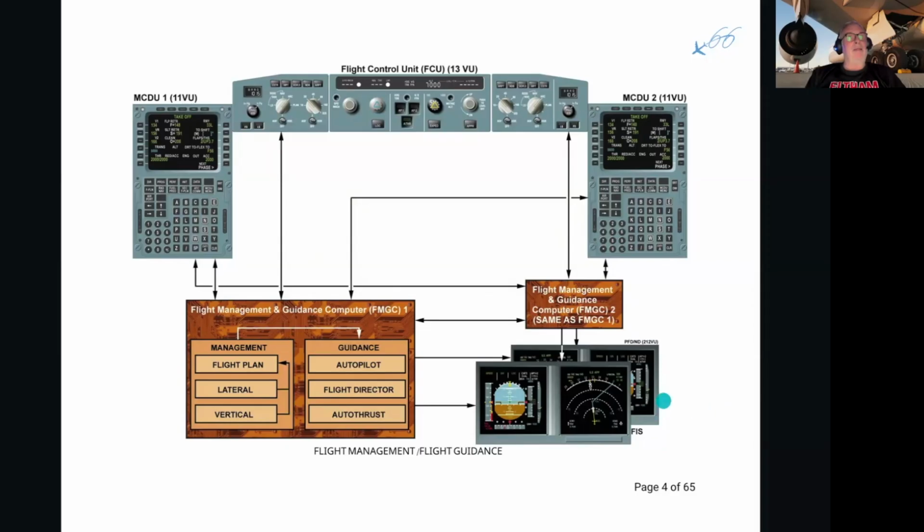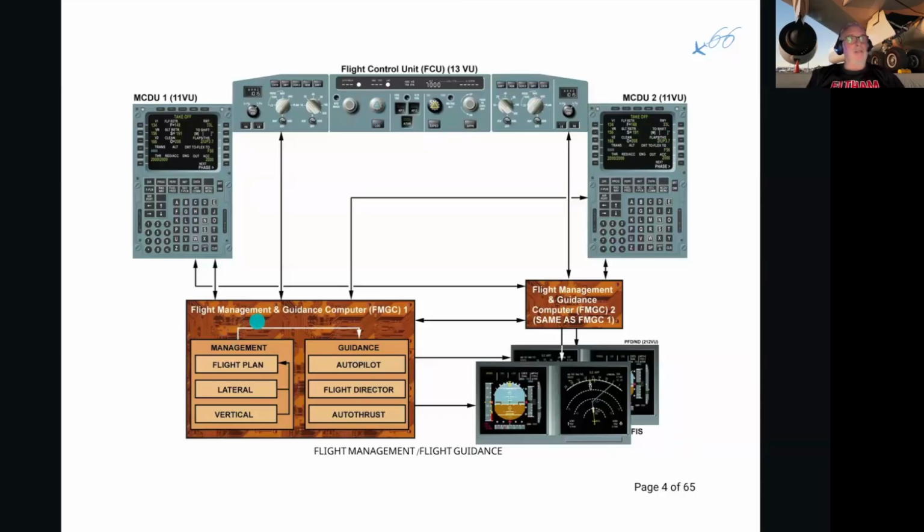Now the indications I put predominantly on my primary flight display for flight guidance, but this I use for flight management because it's from A to B. Remember we said last time I can set my range to a different range and see the whole flight in front of me as it emerges automatically from the FMGC's databases and also from what I have selected as a flight plan.